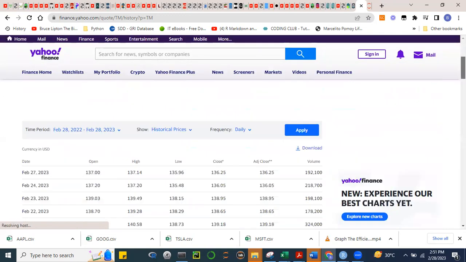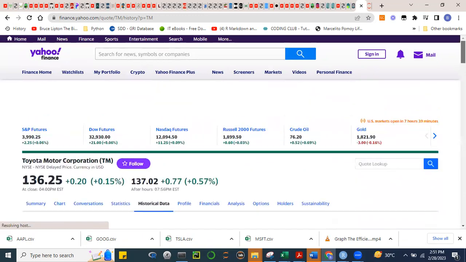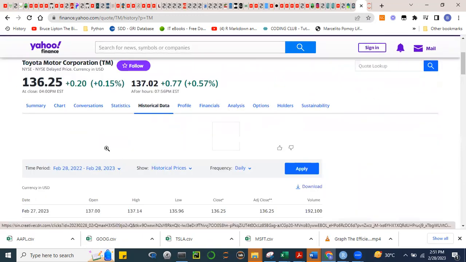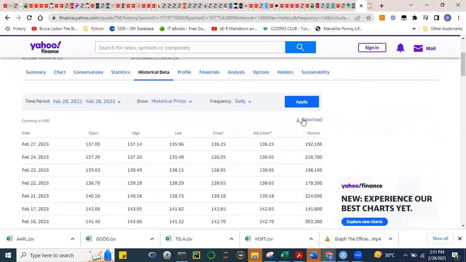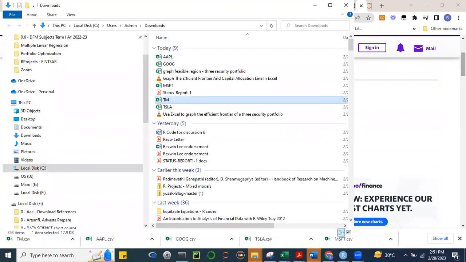Historical data, and then let's choose 5 years also here, 5 years. Apply and then download. So TM, show in folder.